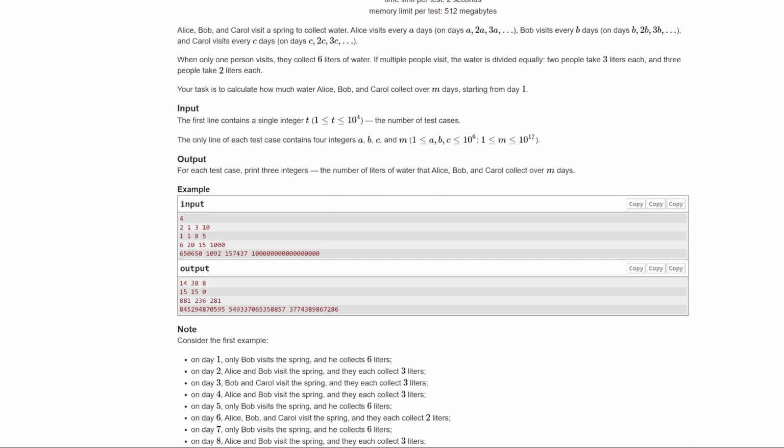So what I'm thinking here is that we will count the multiples of A, B, and C individually. Then we subtract the common multiples of A, B, and C from each other, like in pairs of two, and then we will do the same for the triple. But there can be a possibility where the pair of two overlaps the triple. You have to look into it.